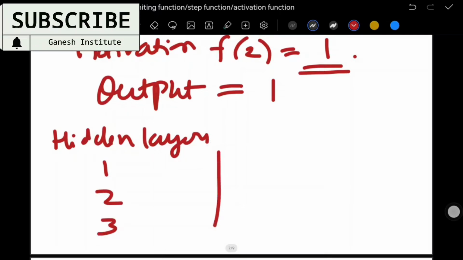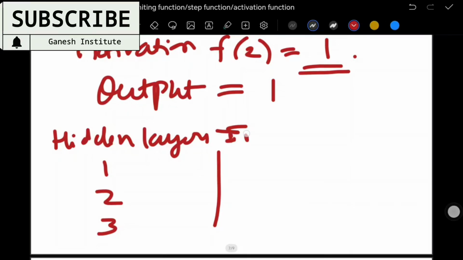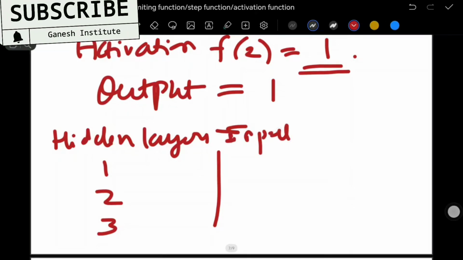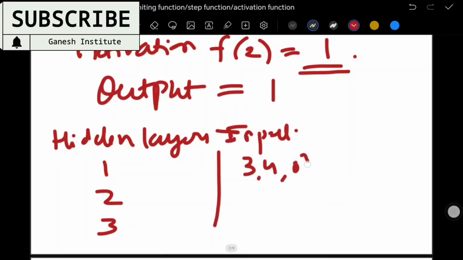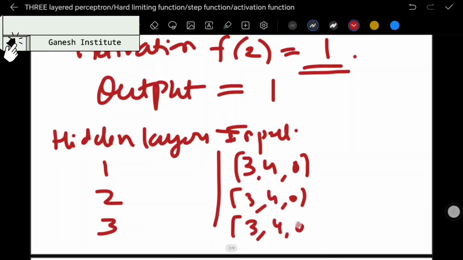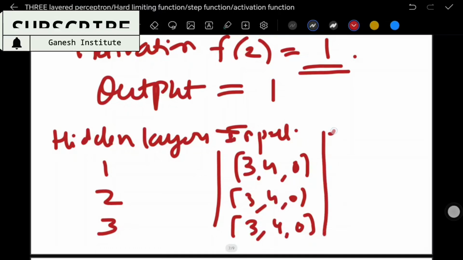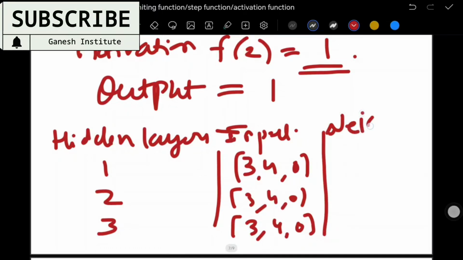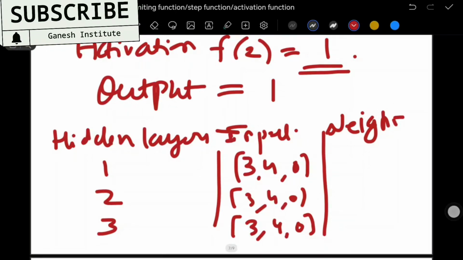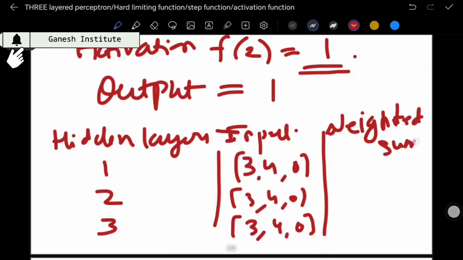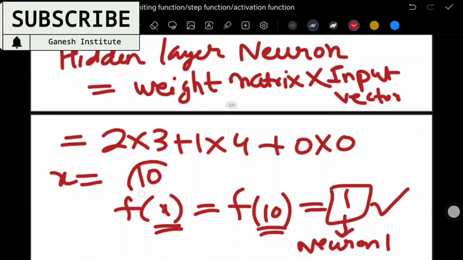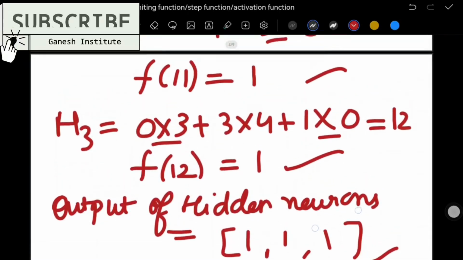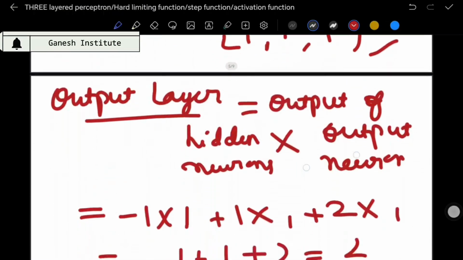The input in the question is 3 4 0 for each and every hidden neuron. Then the weighted sum for the first one is 10, then 11, then 12.